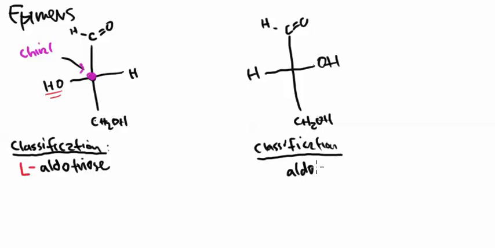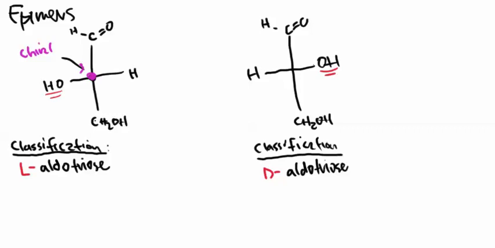It's still a 3 carbon chain, so it's still a triose. And this time, however, the OH group is on the right-hand side, which means that this is the D version of the sugar. And if I didn't want to use D, I could also use the R. So D or R form of the aldotriose. Alright, so with one chiral center, you have 2 options. You could have a left version or a right version. This is what we've been talking about for video after video.